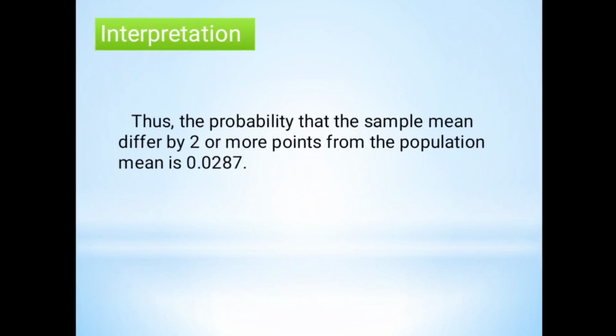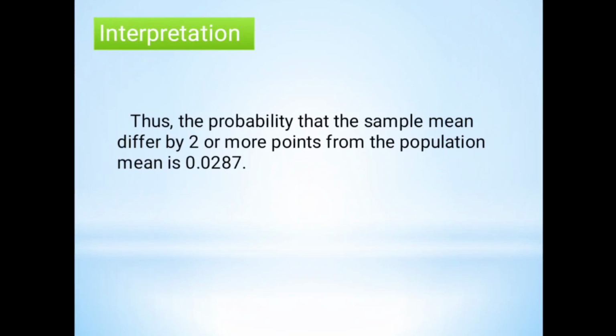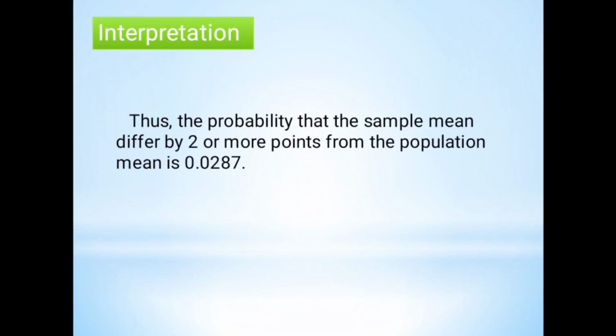Then after having the z-score, you have to locate it on the table. Then you have to graph, or you have to illustrate the situation to find the answer, and you have to interpret your illustration or your solution.